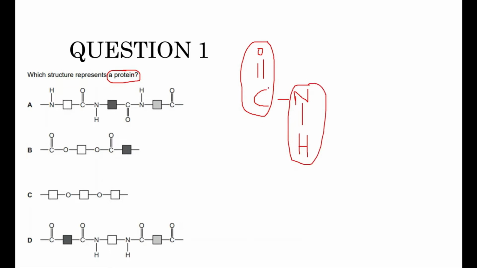From COOH you get CO, and from NH2 you get NH. So a protein must have this group. If you look at the options, A has it, B doesn't have it, C doesn't have it, D has it. So you are left with two options only, whether it's A or D, right?